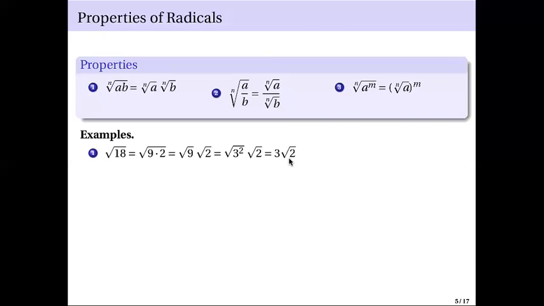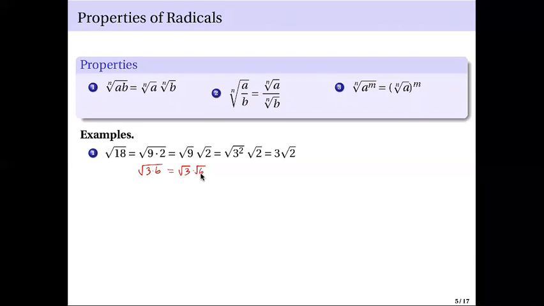So let's go back to the question. Why did we not use 3 times 6? You can write this as 3 times 6. You can go from this direction following this property here, square root of 3 times square root of 6. And at this point, there's nothing to do.